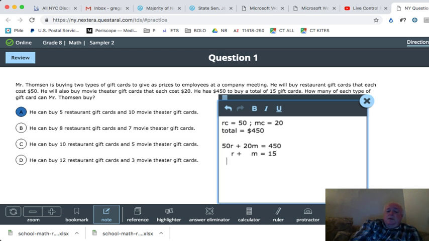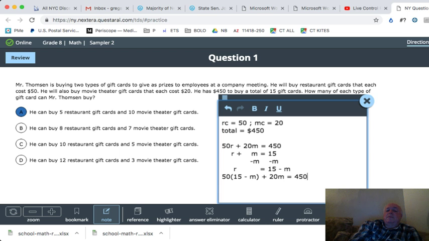In other words, if we subtract M from both sides, we end up getting R equals 15 minus M. And then if we come back up to the expression, because it's 50 times R, it's going to be 50 times 15 minus M plus 20M equals 450.